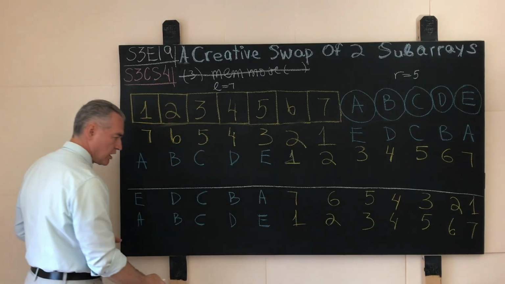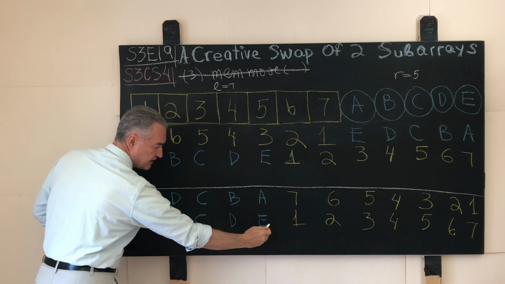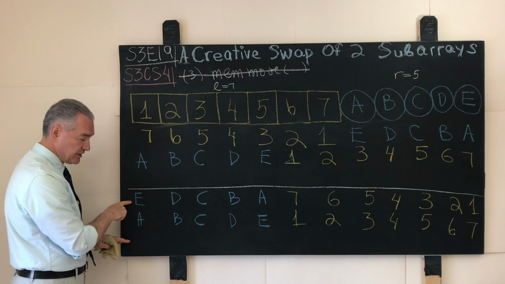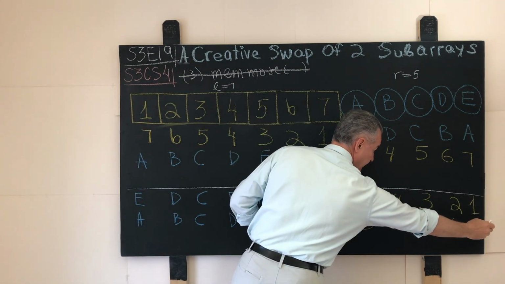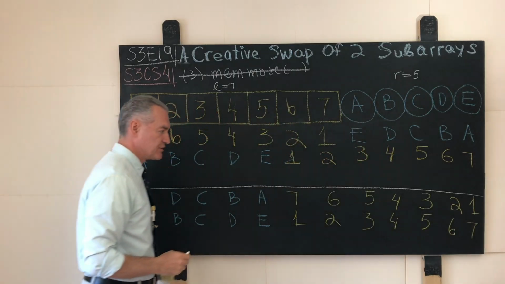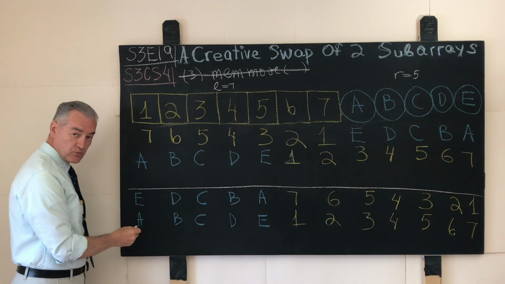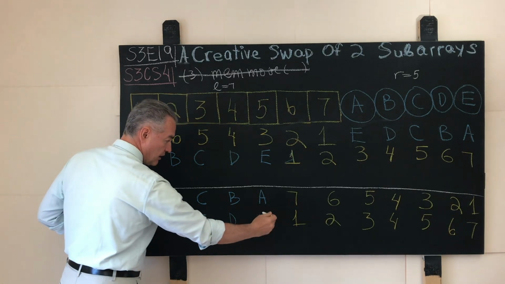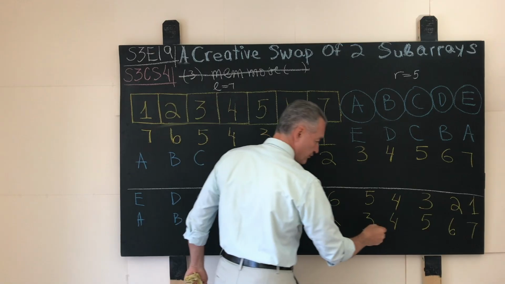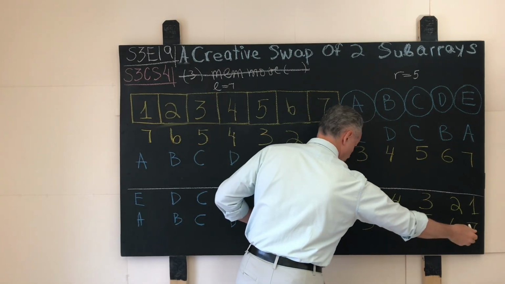We now have R elements to reverse on the left side of the intermediate array, and we have L elements to reverse on the right extremity of this intermediate array. And once we do that, we put these elements in the requested order A, B, C, D, E on the left, and 1, 2, 3, 4, 5, 6, 7 on the right.